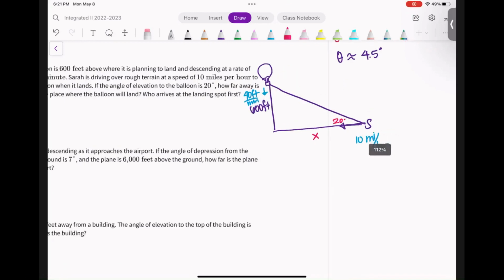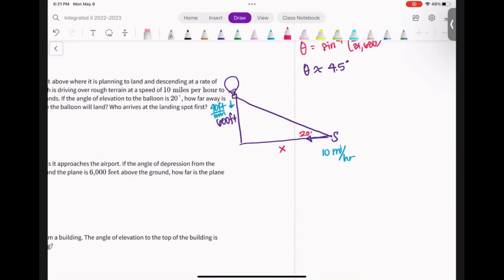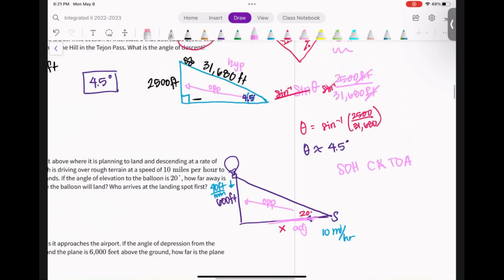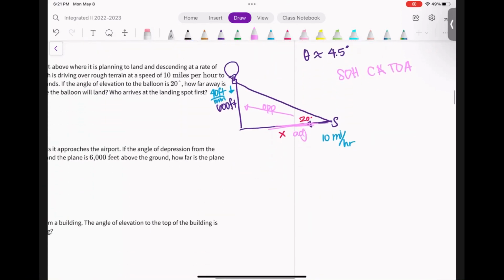So according to this, I like to draw here. I write, they gave me the opposite, and then they gave me this side, which is my adjacent. And then I go like this: SOH CAH TOA. I didn't spell CAH right.